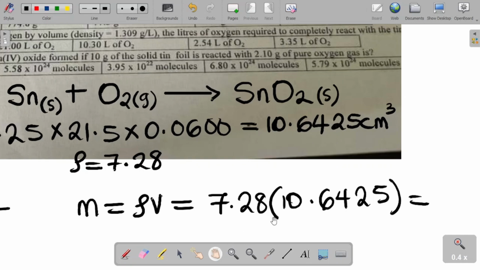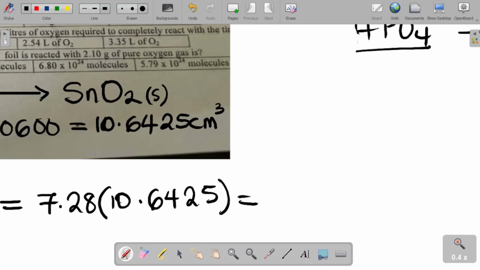If you multiply this, the value gives you about 77.48 in grams. That's the unit there.